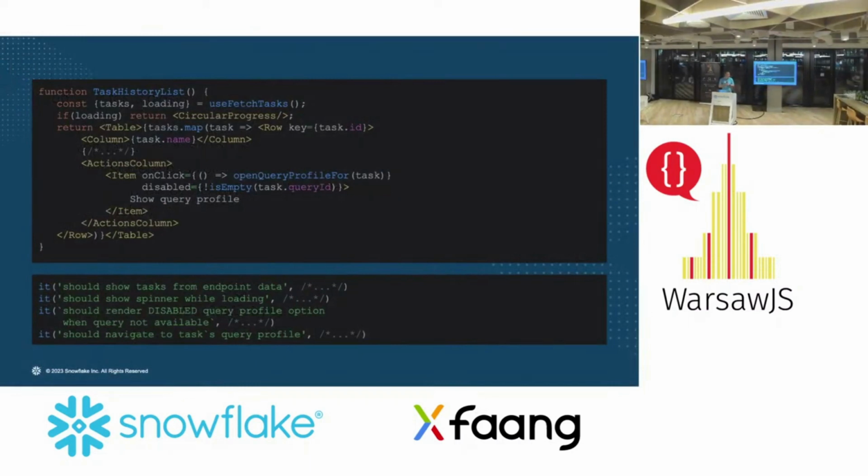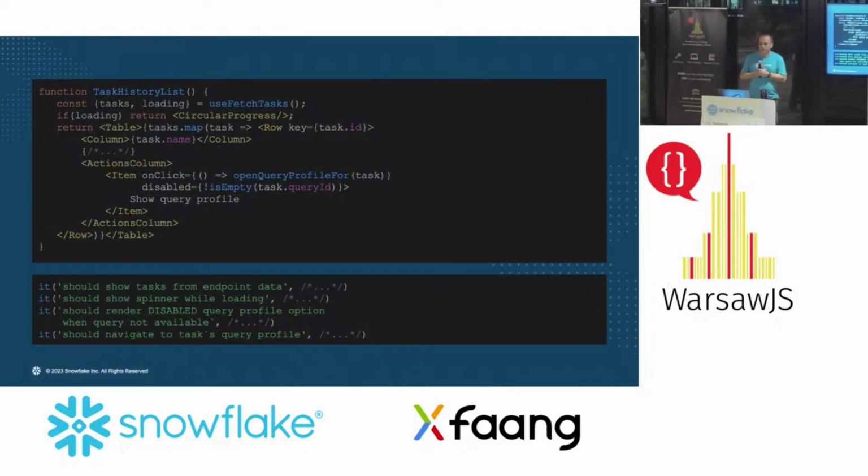So in our code, this could be a possible implementation of the component under test, the task history list. And the question is, what logic is introduced here so that there need to be tests of that logic on this level? First of all, we have getting the data and displaying it by iterating over the tasks. So first test, it should show tasks from endpoint data.